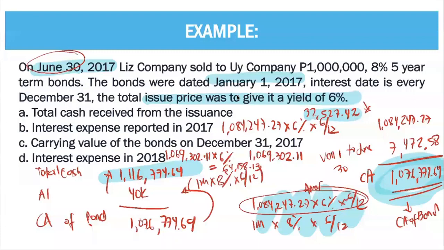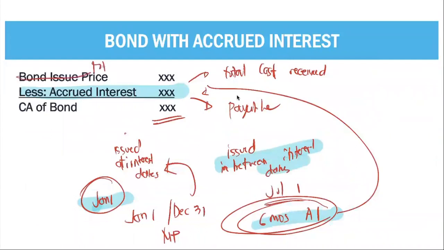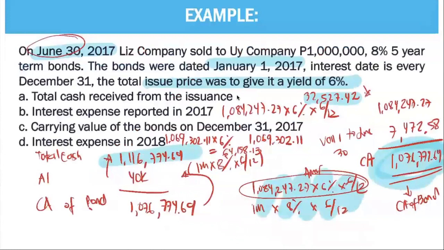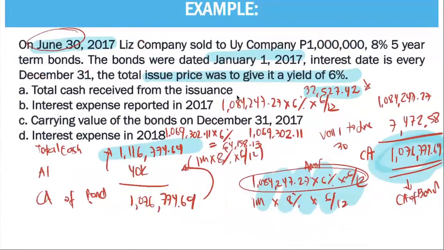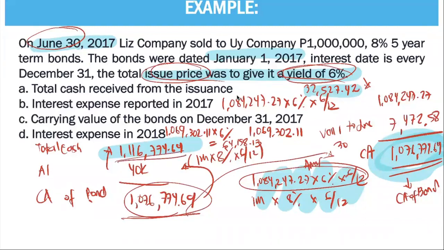In case may accrued interest, take note, pag ang total cash, total cash price, normally that is the bond issue price, okay? You deduct the accrued interest. Sir, bakit dito? Dito kasi, ang binigay is, kailangan yung matitira daw dun sa bond is mag-yield ng 6%. So ito, yung mag-yield ng 6%. So you need to work back to get for your total cash price.